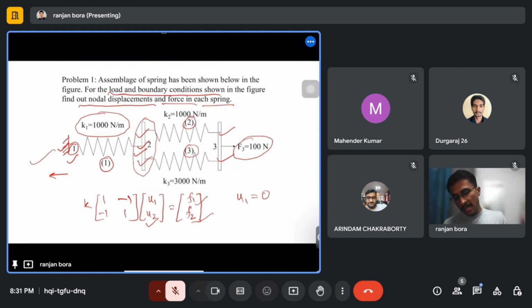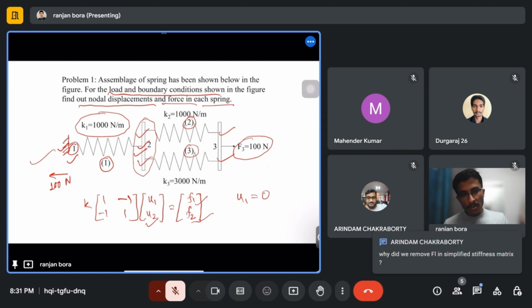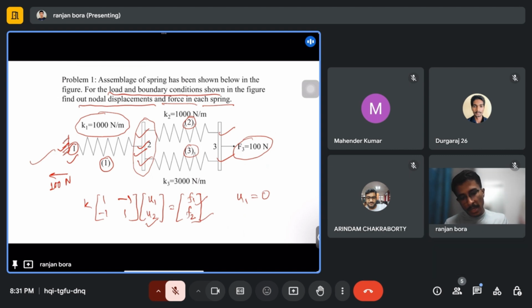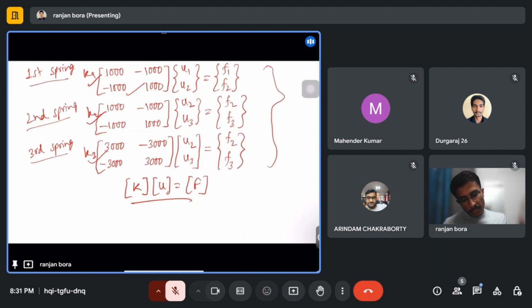That means it is acting in this direction, 100 Newton.